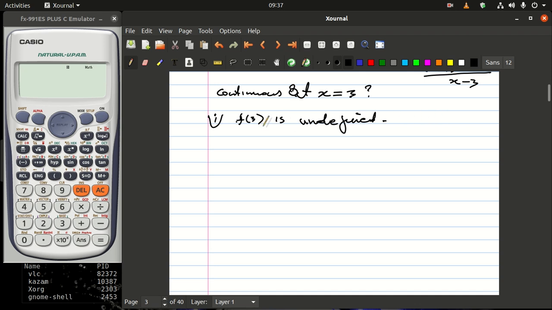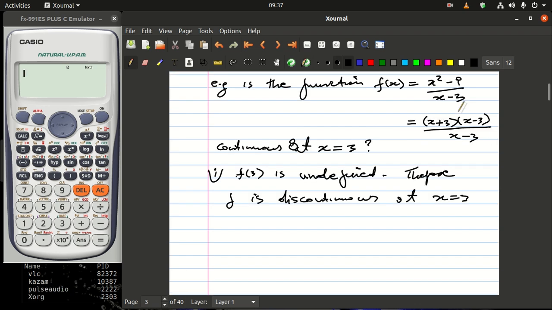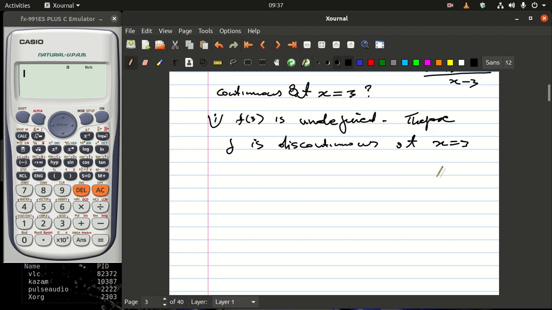You can just say f of x is undefined, therefore f is discontinuous at x equals 3. That's what you need to find. You don't have to look for the limit. If the function is not defined at that point, then it cannot be continuous. You only check the other two conditions if the function is defined and is equal to some value.